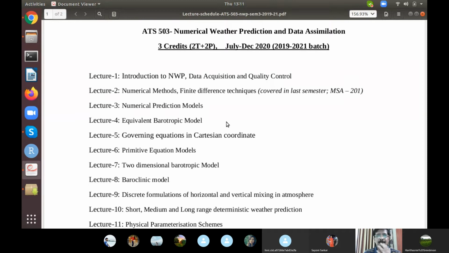And we have discussed earlier in the modeling of the atmospheric processes class that the equations also contain the solutions of the fast moving waves, like the gravity waves, like the sound waves, which are not important for the atmospheric motions. What is important for the atmospheric motion? You remember that? You have talked about that.